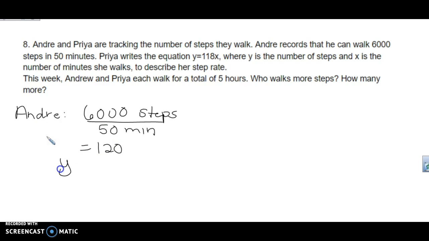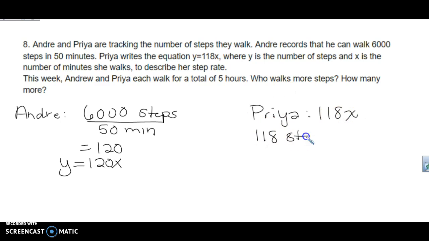So if I write this as an equation, that's going to be y = 120x. And then Pyra's is already written as an equation, but that's telling us that she walks 118 steps in 1 minute.